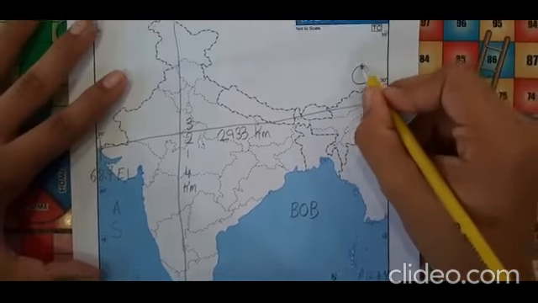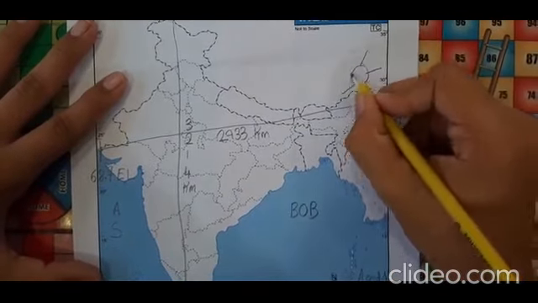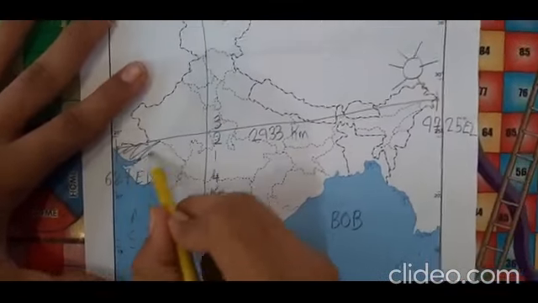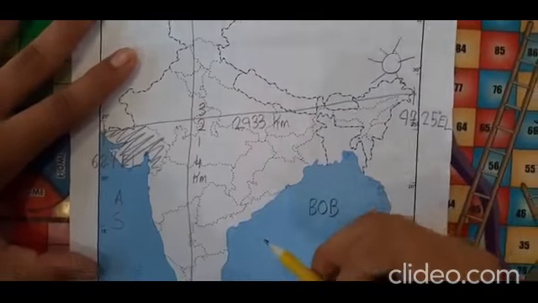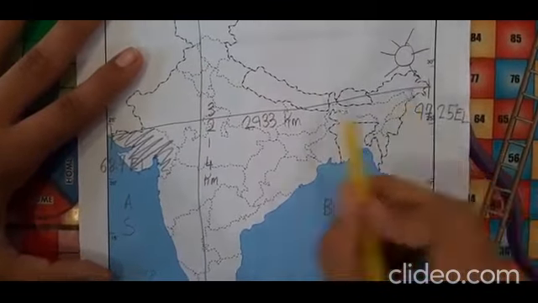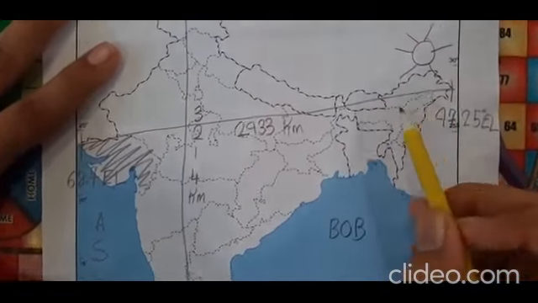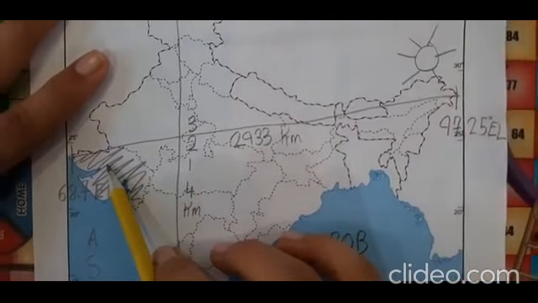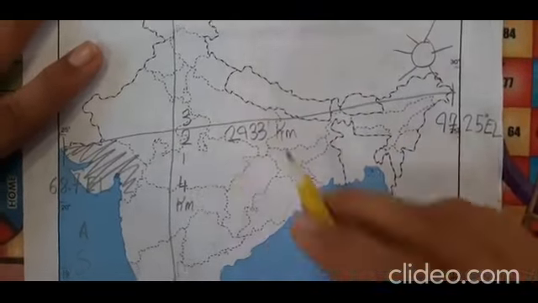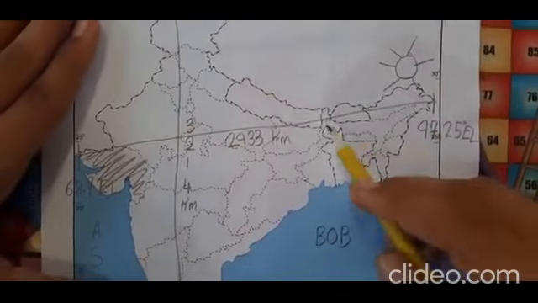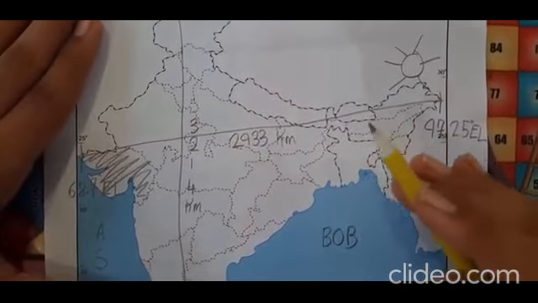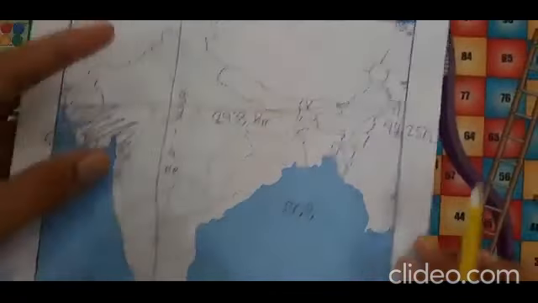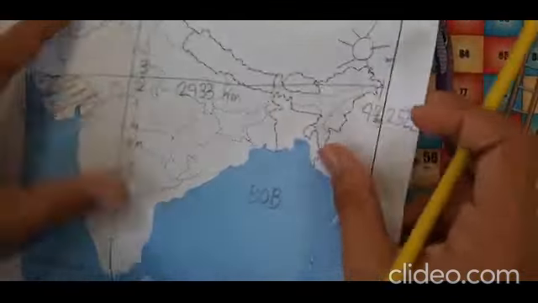When the sun rises in Arunachal Pradesh, there is still darkness in Gujarat. Why? Because it is a vast distance, so the sunlight is unable to come to Gujarat. If we want to find Indian Standard Time, we have to join Gujarat and Arunachal Pradesh.